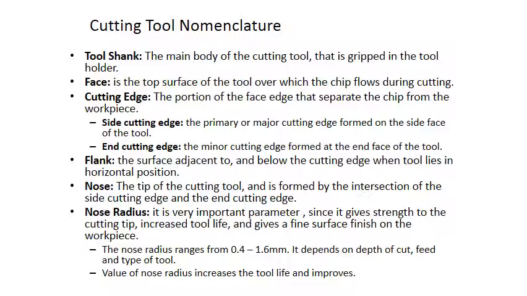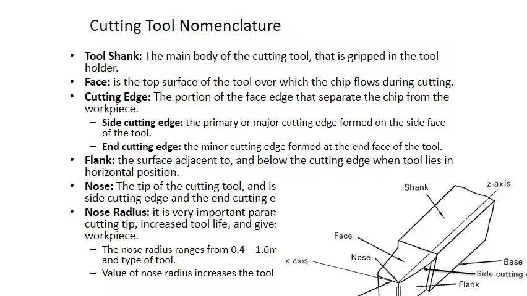And nose radius is a very important geometric parameter since it gives strength, increases the tool life, and gives a fine surface finish on the workpiece. The nose radius ranges from 0.4 to 1.6 mm, depending on the depth of cut, feed, and type of tool. As the value of nose radius increases, the tool life will improve.